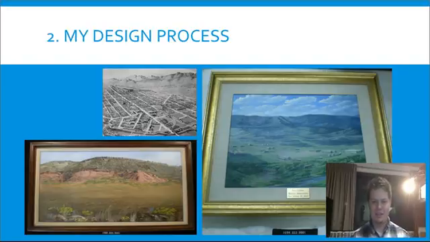So these are just some examples. I'm really big into art and pulling from local artists or local art that was created nearby or on the site, or creating my own art from that site, and also pulling largely from historical aspects.